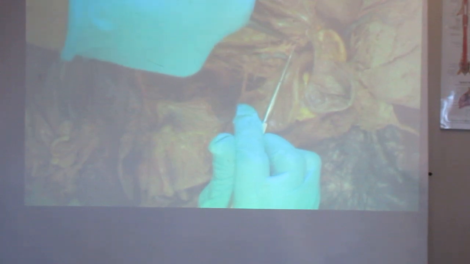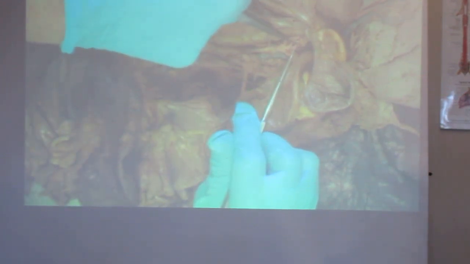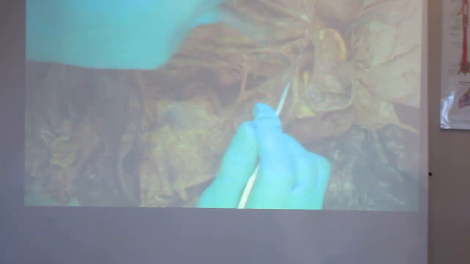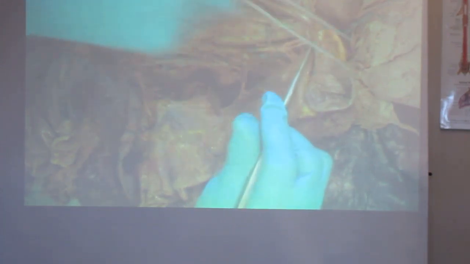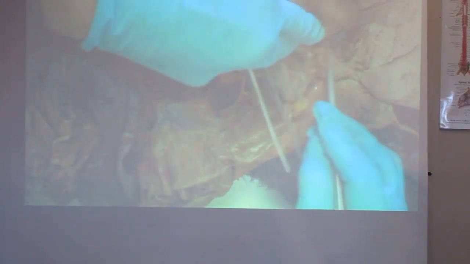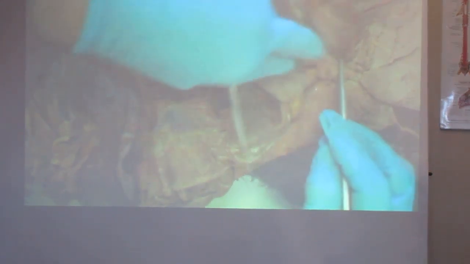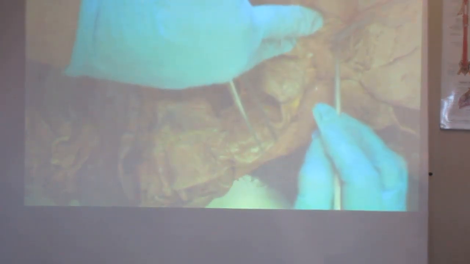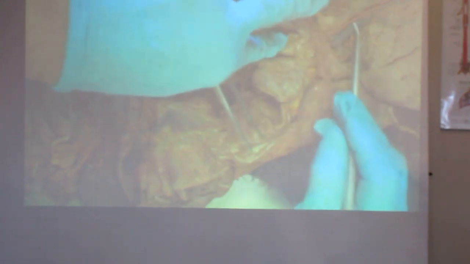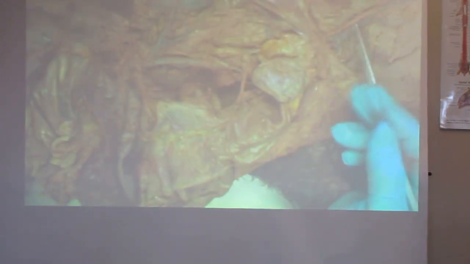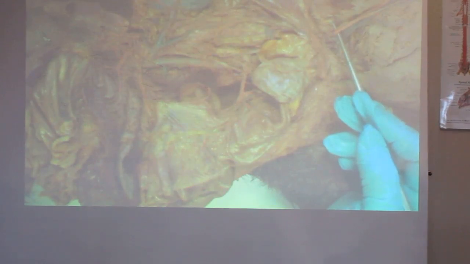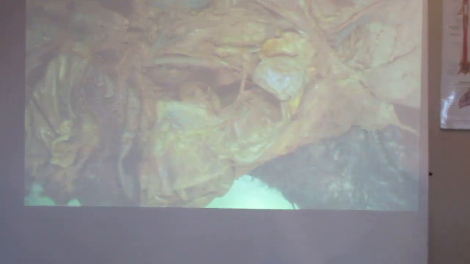See it? That's your caudal or median sacral. Our external iliac continues and is going to perforate the abdominal wall, sending off our deep fem. Then we do femoral. So arteries away, veins toward.